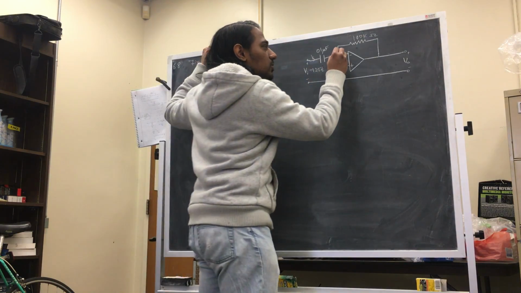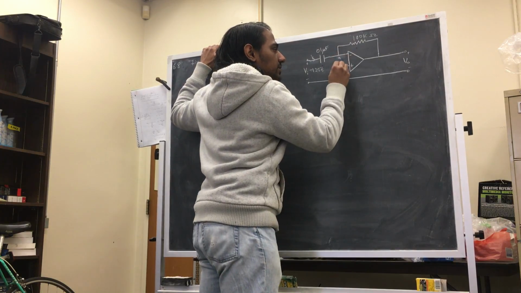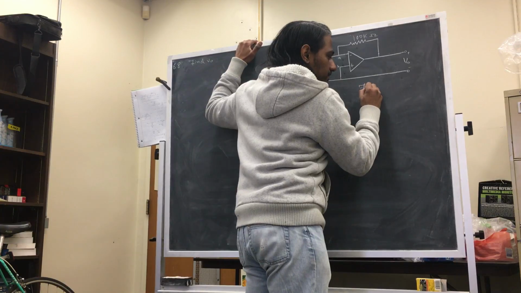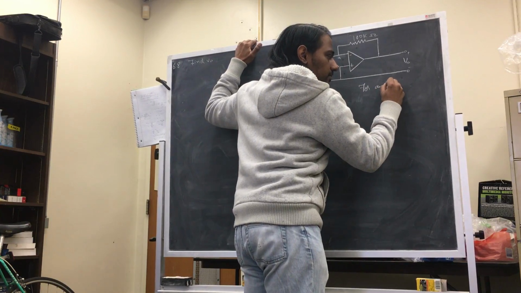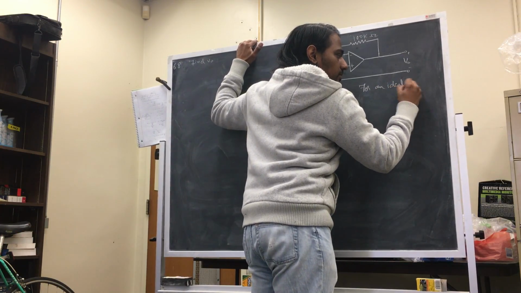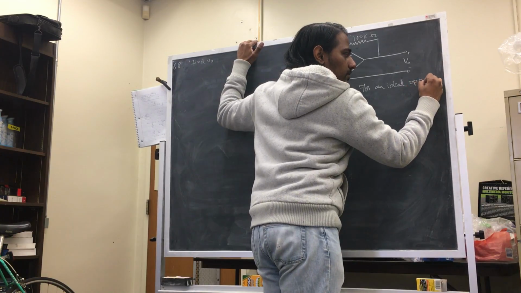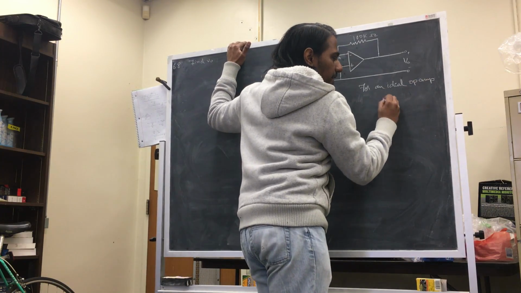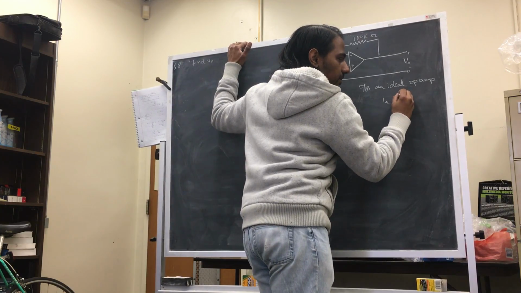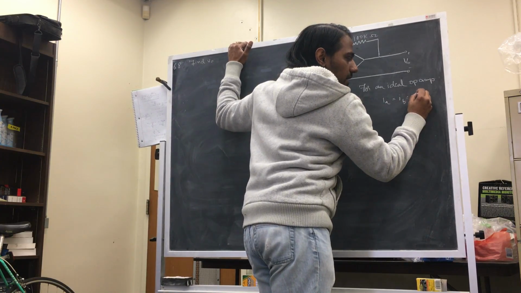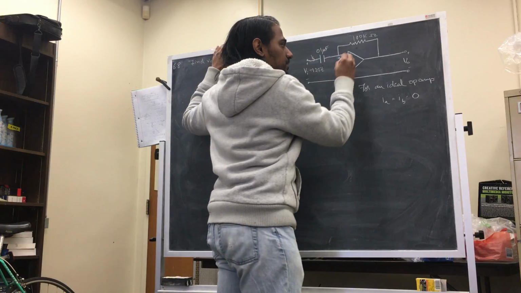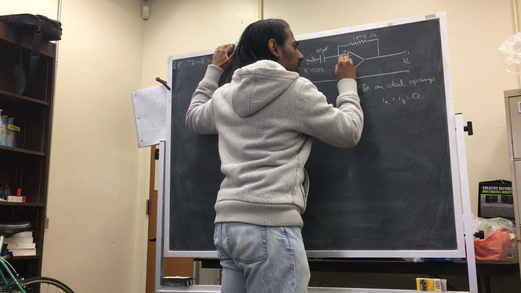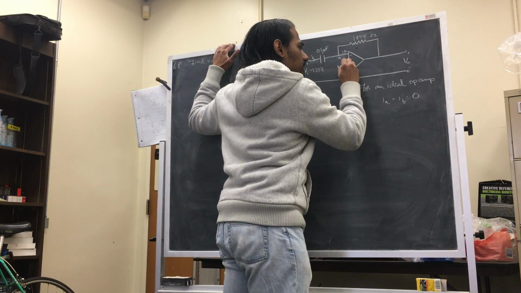If you assume this node as A and this node as B, IA would be the same as IB, that is 0. Let this be IA and this is IB.